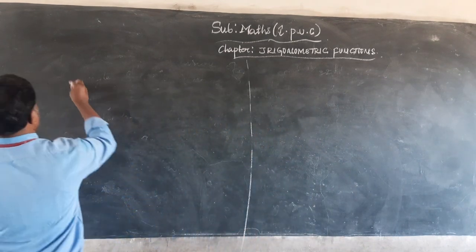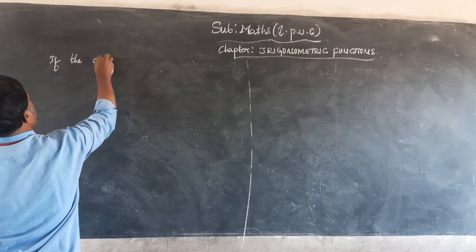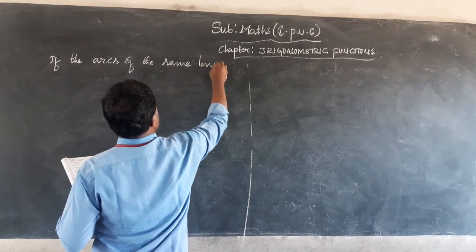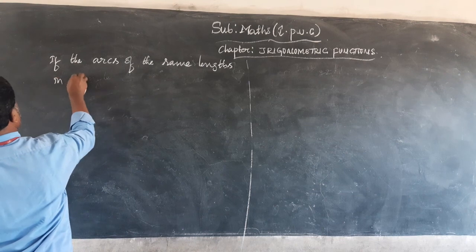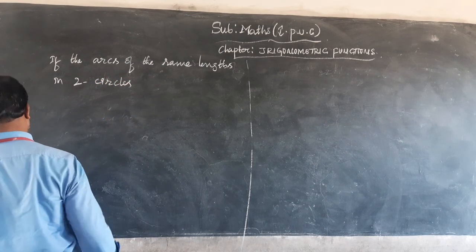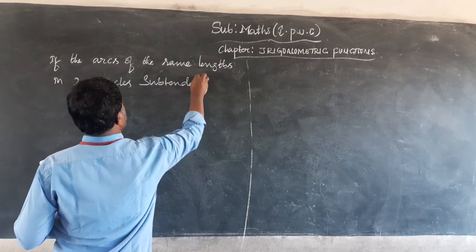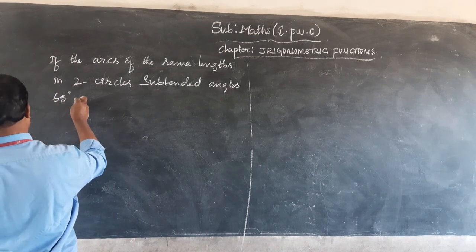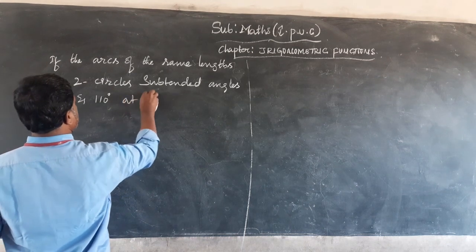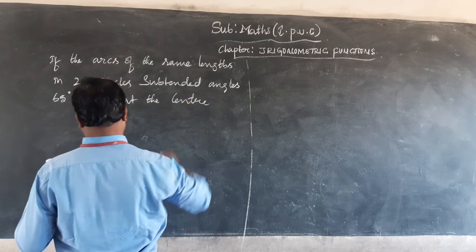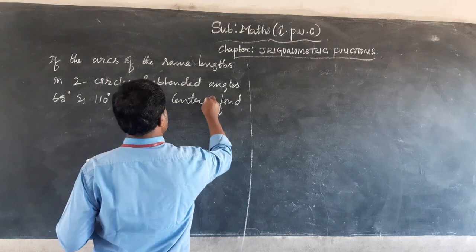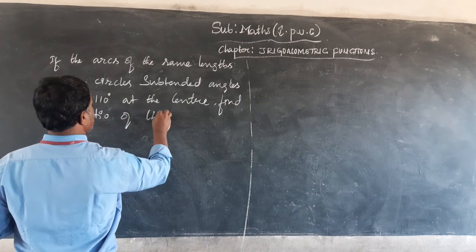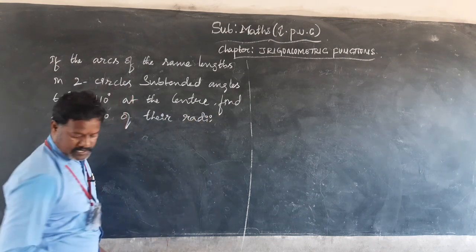That is, if the arcs of the same length in two circles subtended angles 65 degree and 110 degree at the center, find the ratio of their radii. See children, it is also a very simple problem.